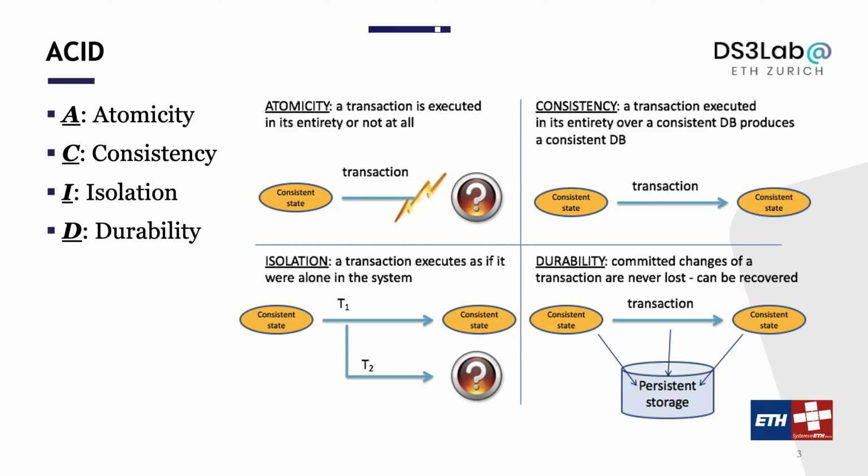But strict two-phase locking makes it much easier to enforce, for example, durability, because it will not have the problem of cascading abort. So as you can see, it's a very complex picture. We are going to scratch the surface, but in real-world database systems, building a transaction system is very complex.